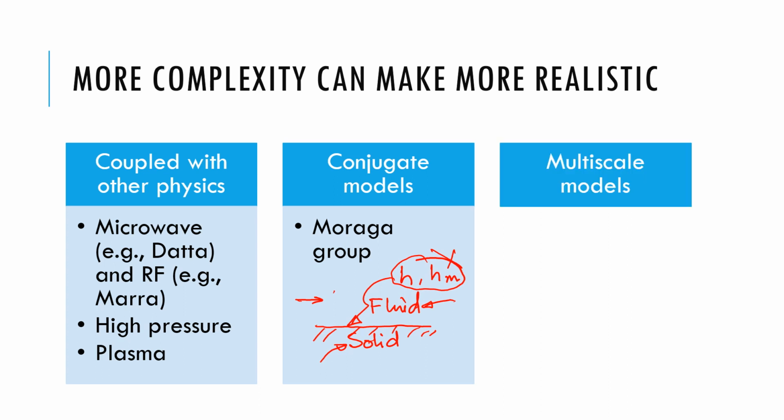Another type of work is multi-scale models that have been pioneered by the Nicolai group. This is useful, and makes the model more realistic, when we do not have transport properties, for example. Then we can solve the same physics at a much smaller scale.